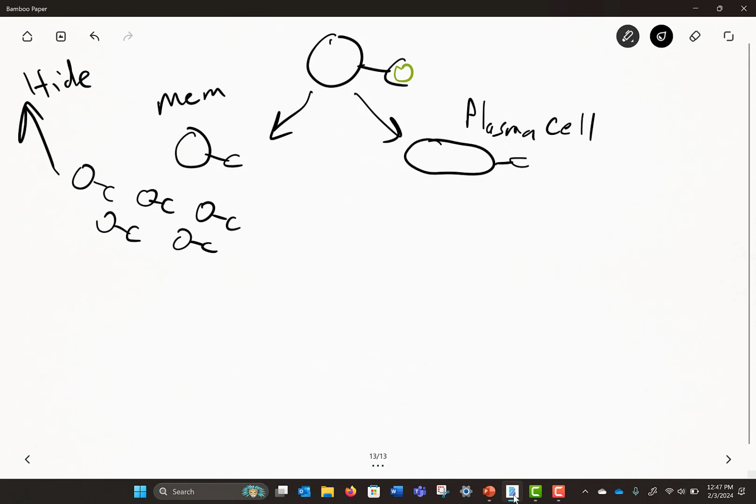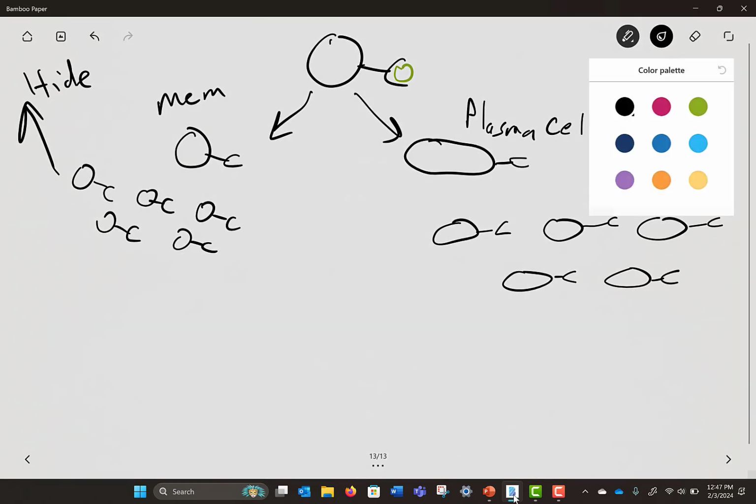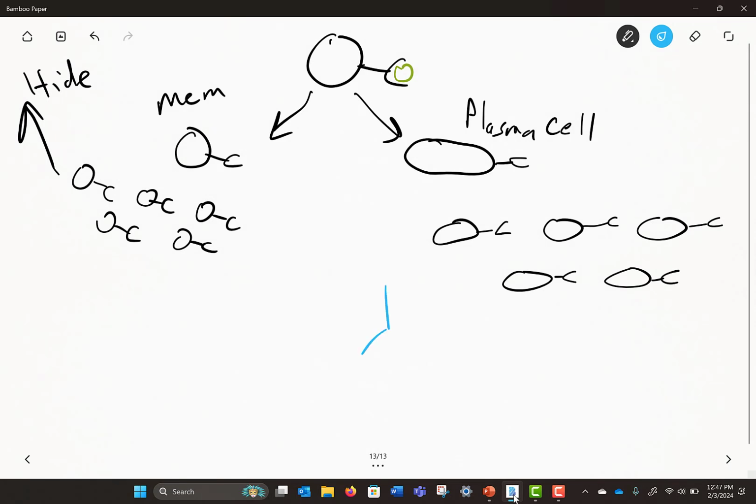Plasma cells are going to divide and divide and divide, but they are going to be active right now. And what they're going to do is start to secrete antibodies.